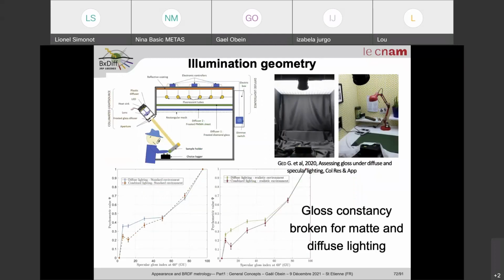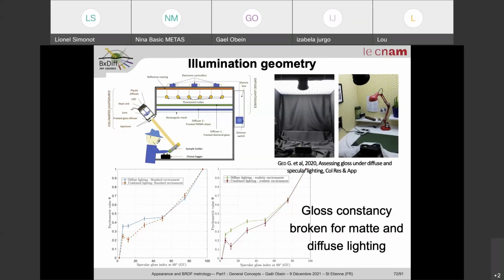Another thing done by Guillaume also during his PhD was, we said that the observer is not sensitive to the direction of illumination, but is it sensitive to the solid angle of illumination? What if I put my observer looking at the sample under a nice sunny day and under a cloudy sky, for instance? Is it able to recover the sensation, the gloss, the properties of the material? In fact, yes.